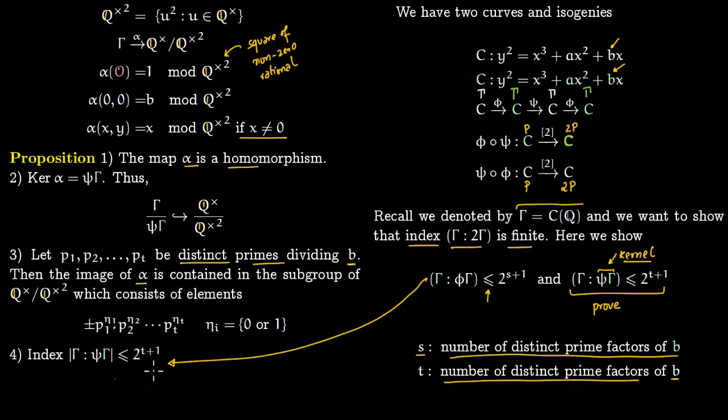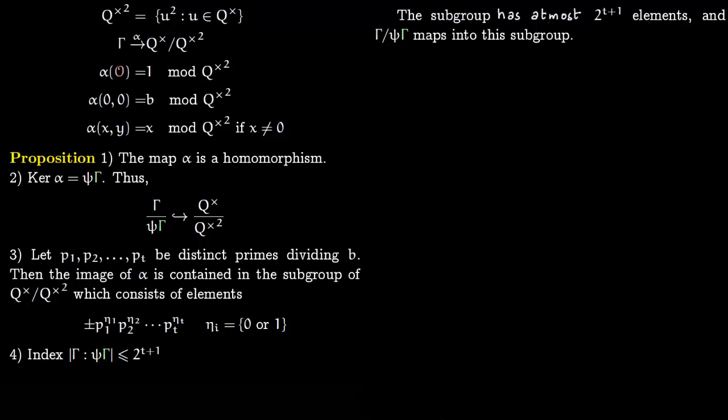So we will start with the easiest part. This is part number 4. So we want to prove this 4. First notice this set. Here we are saying eta i can take value 0 or 1. So there are two choices if eta 1 takes on value 0 or 1. Similarly here there are two choices, and so on.